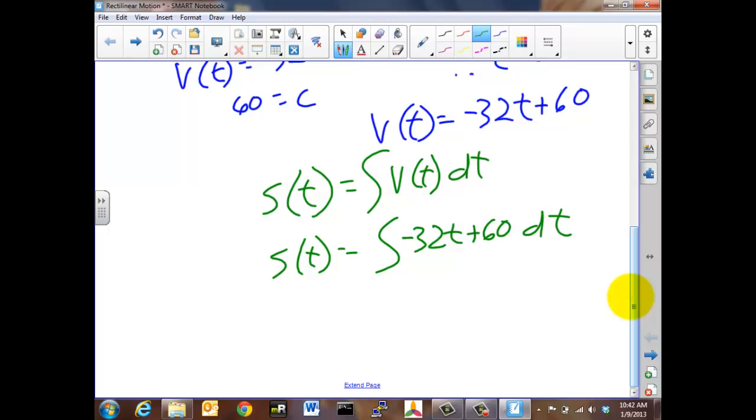Wes, tell me how we're going to, when we integrate that, what are we going to get? The 60 will turn into 60t, very good.